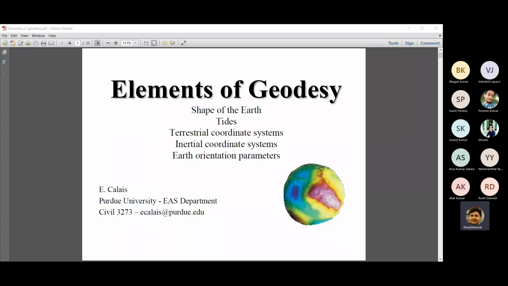Space geodesy is a broader domain of geodesy. When we study geodesy, we mainly study three types: physical geodesy, geometrical geodesy, and space geodesy. Extraterrestrial geodesy is also studied nowadays, but we limit ourselves to physical, geometrical, and satellite geodesy.